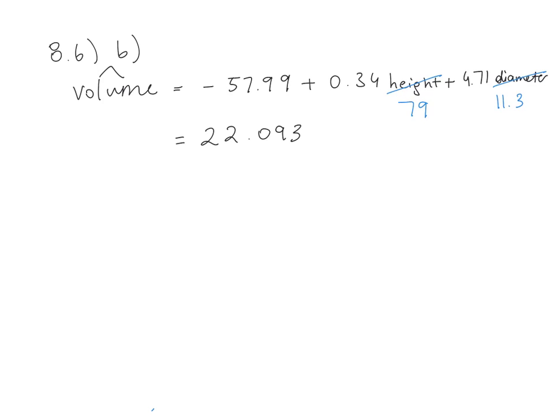Determine if the model overestimates or underestimates the volume and by how much. So this is the predicted volume, and the real volume of the tree is 24.2. So does my model overestimate or underestimate? Under, right? So my model underestimates.